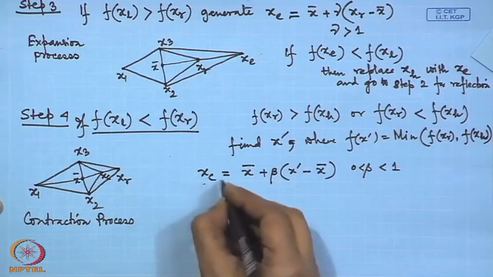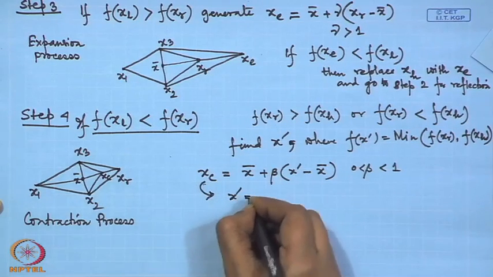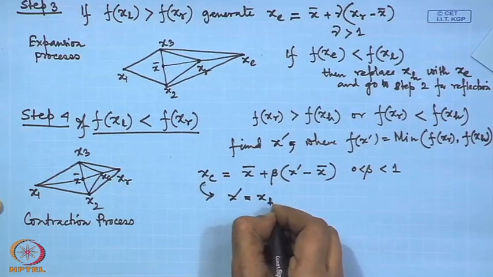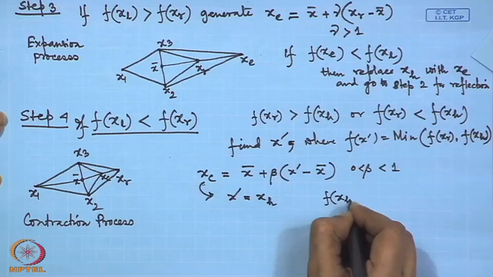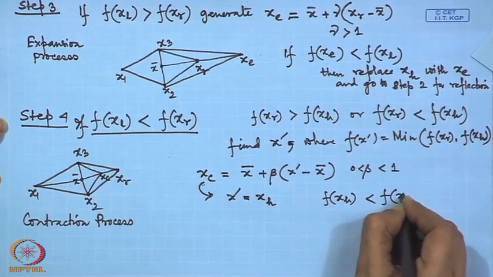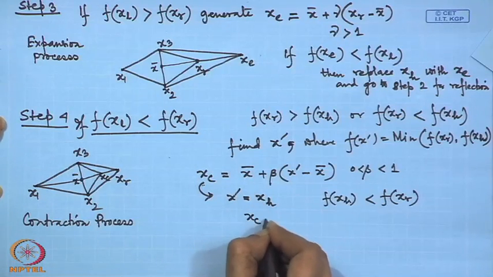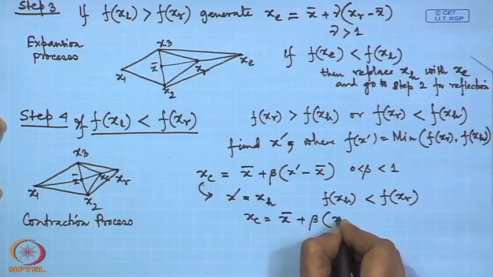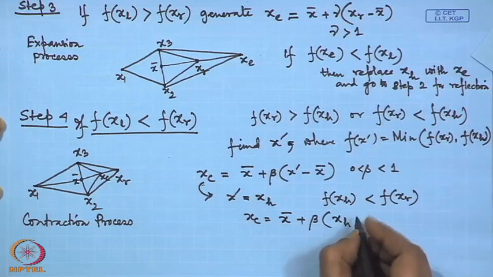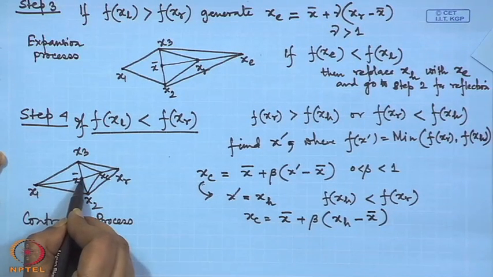Now, here I just want to mention that if x prime is equal to xh, that means if fxh is lesser than fxr, then this xc would be equal to x bar plus beta into xh minus x bar. All right. This is my xh, this is my x bar.